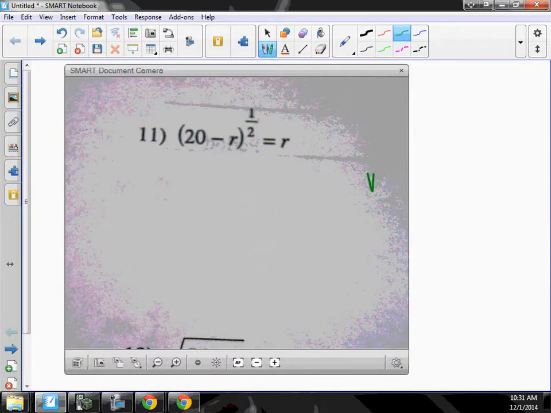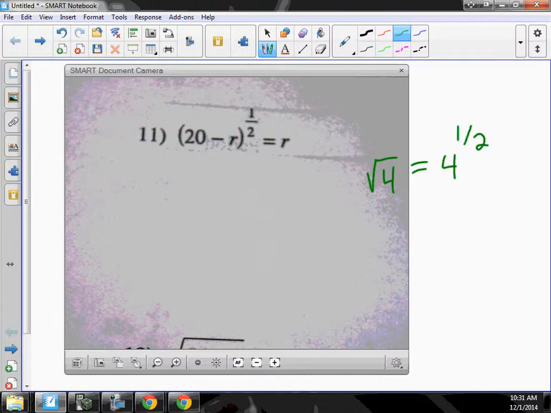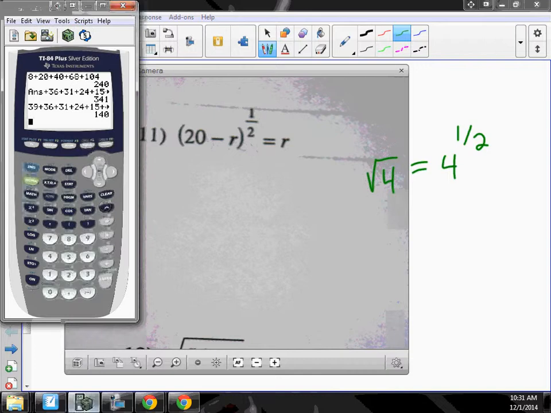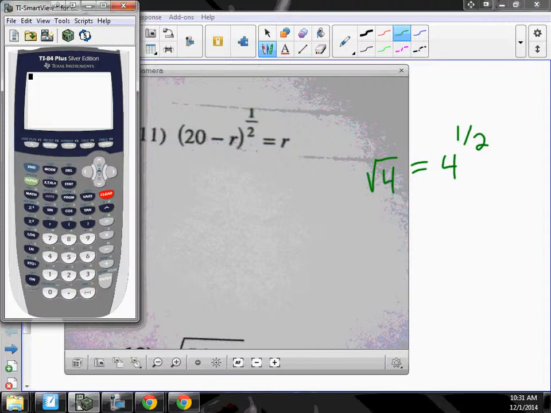So the square root of 4 is exactly the same thing as 4 to the 1/2. 4 raised to the 0.5 is 2. 9 raised to the 0.5 is 3. So don't let those 1/2s confuse you. They really just mean square root.